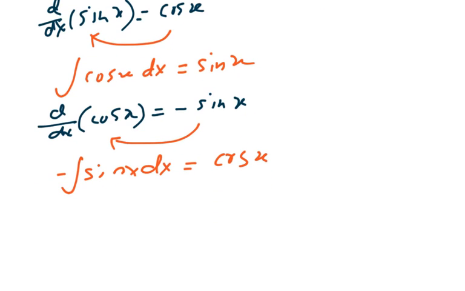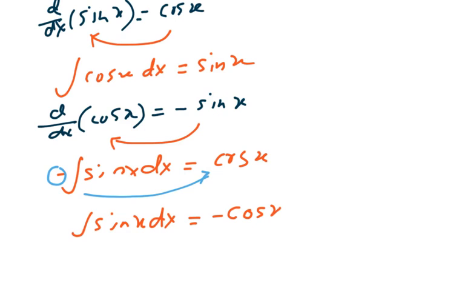Hence, if we move the negative over to the other side, we will be getting integration of sine of x dx equivalent to negative cosine of x. Not to forget to plus c for any indefinite integration, plus c.